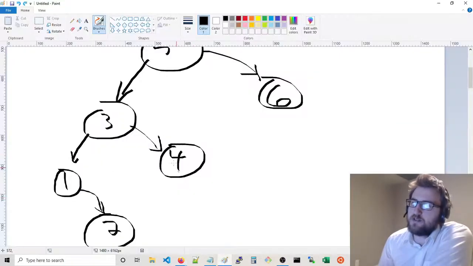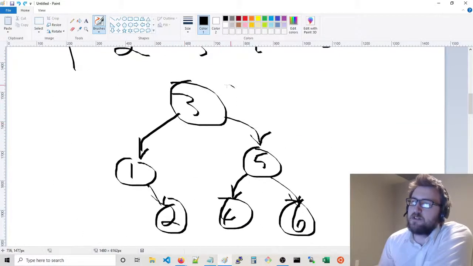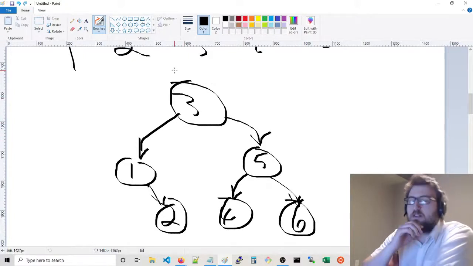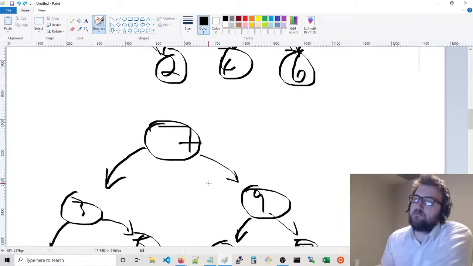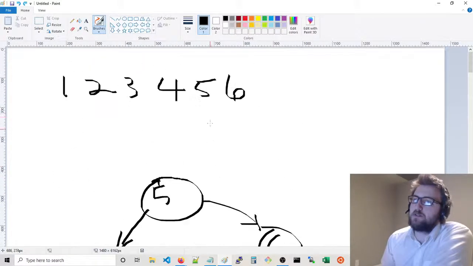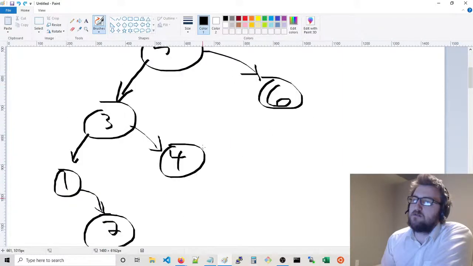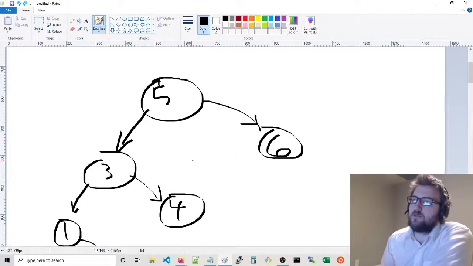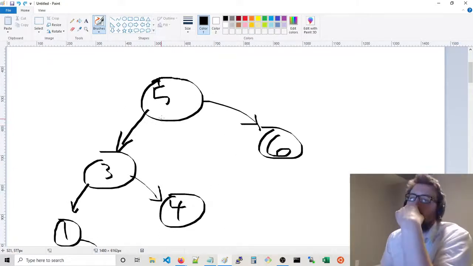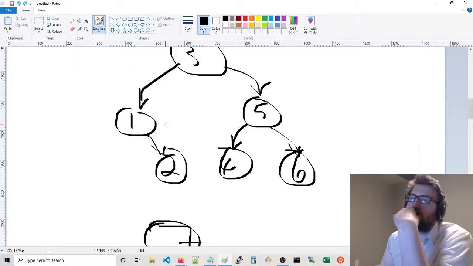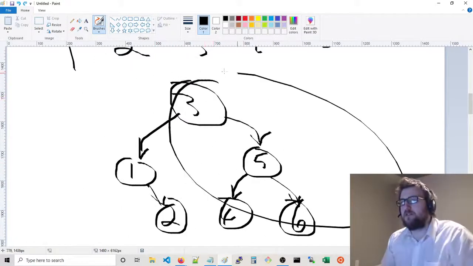Right, a good example of breaking this is 1, 2, 3, 4, 5, 6, where it's better to pick 3, as opposed to what you would otherwise pick, which is 5. Because you can get the 4 underneath the 5 here, and then you get the 3 and the 5.